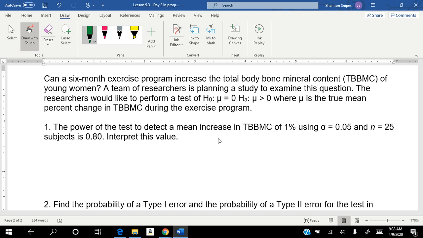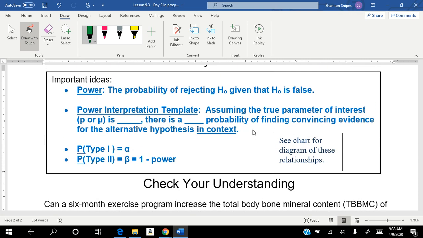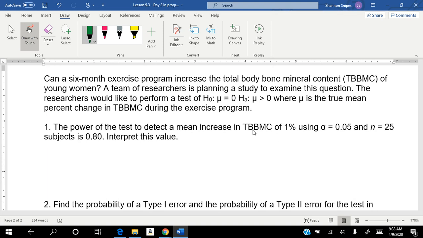Interpret this value. So this is where I'm going to use the power interpretation template.